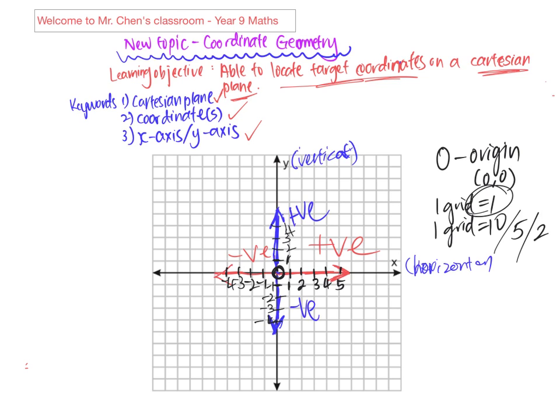So if you have a look here, how is that going to affect each quadrant?